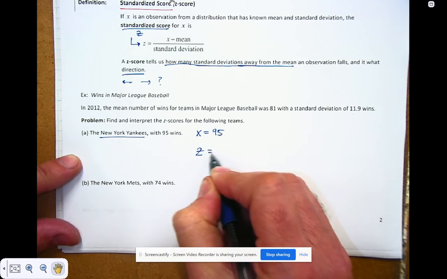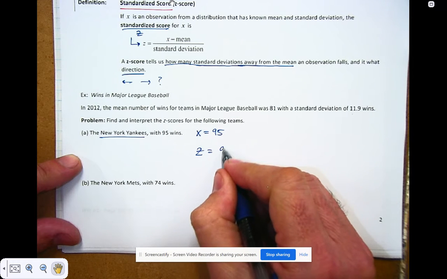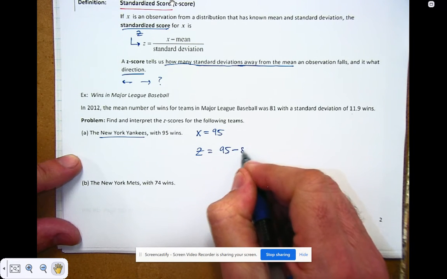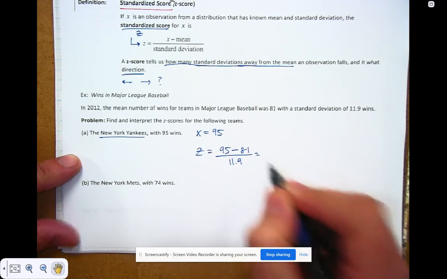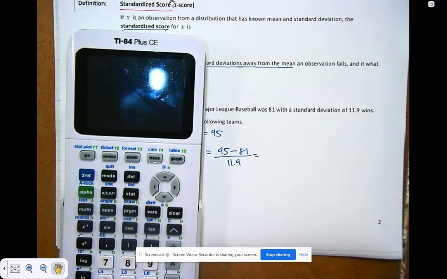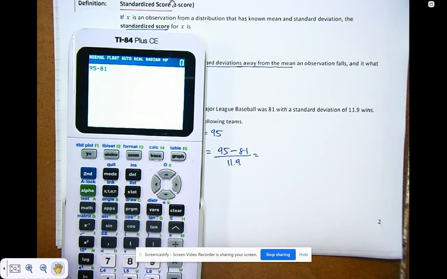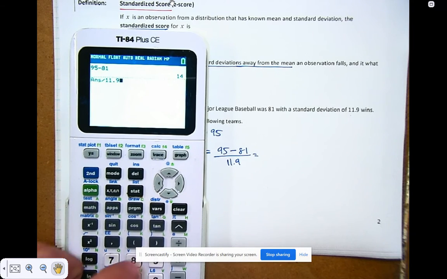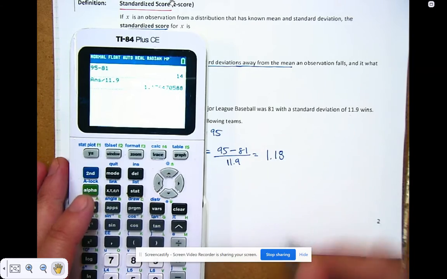To standardize it, all you have to do is follow this simple formula. You take that value, you subtract the average, and you divide by the standard deviation. So you grab your calculator, take 95, subtract 81, hit enter first, and then divide by 11.9, and you get 1.18, to 2 decimals.